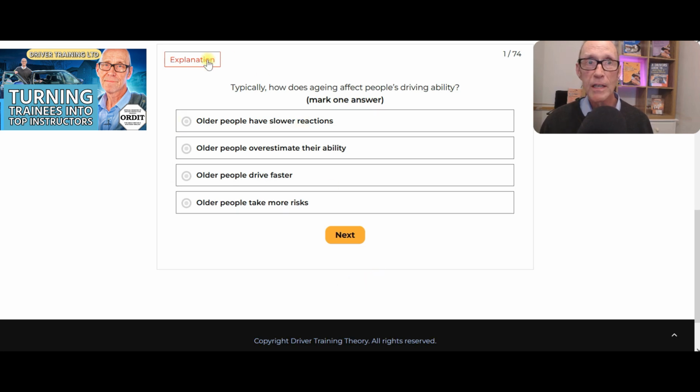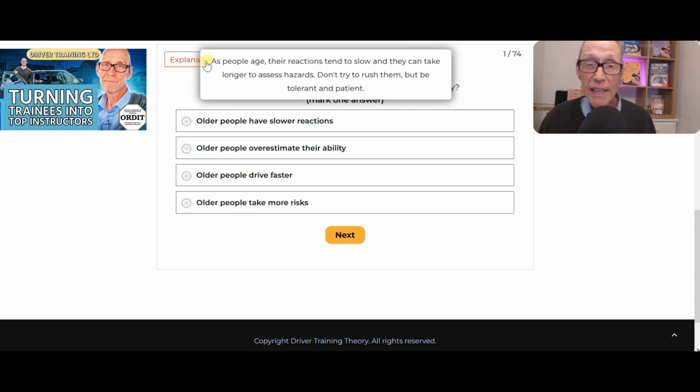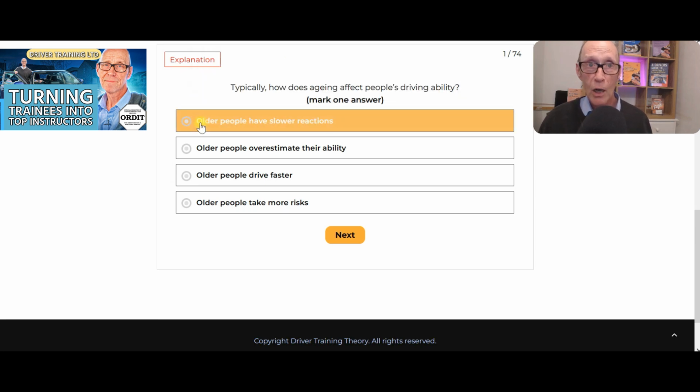Now at the top here, you'll see that it says explanation. So if you're ever unsure of a question, find out the answer first. As people age, their reactions tend to slow. So older people have slower reactions. Is that right? Yes, it is.